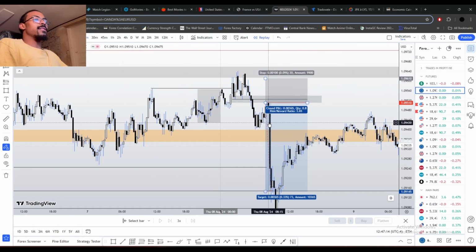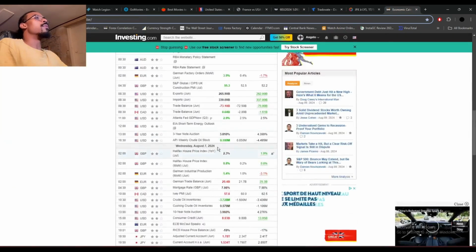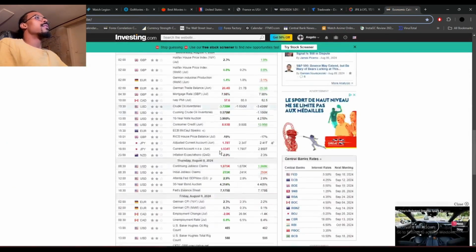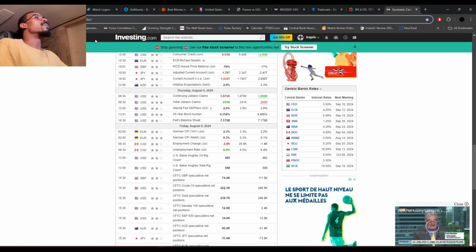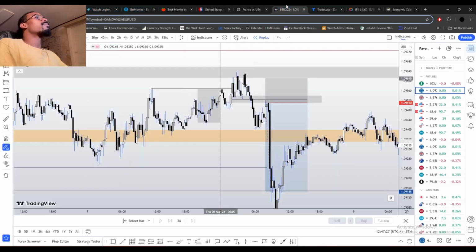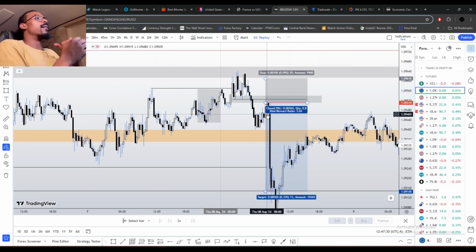This candle right here, this came from, let's see what news that was. Thursday, initial jobless claims. So that was the news that sent price, because before the news dropped, the manipulation already happened.